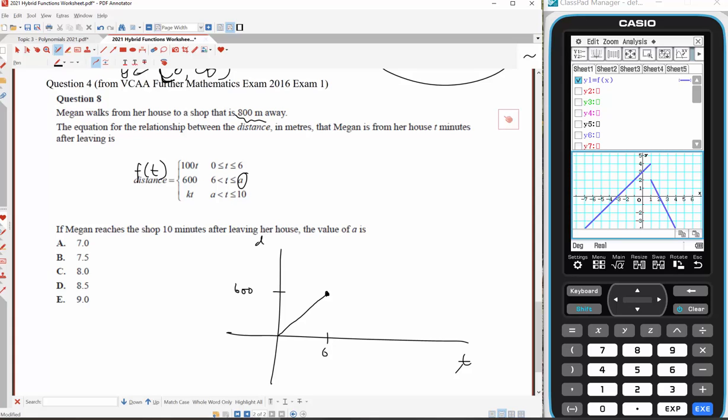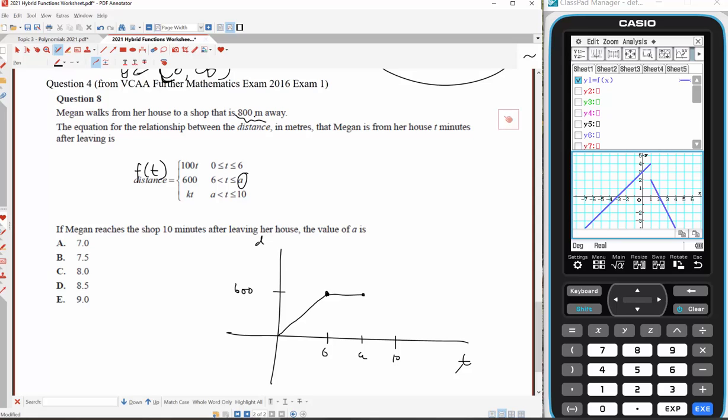So obviously she bumps into someone, or I don't know what it is, but she bumps into them, starts talking, okay, for that many minutes. I'm not really sure how long. Alright, but eventually she gets going again and follows this equation here, kt, between a and 10. So 10, and it's implied she reaches the shop 10 minutes after leaving her house.